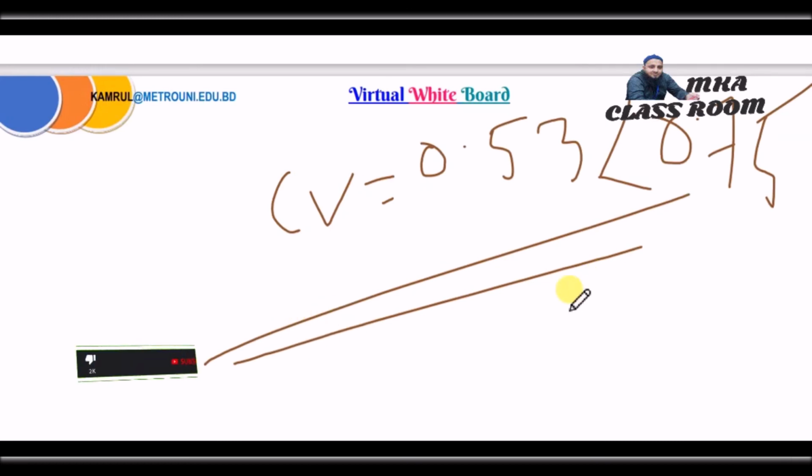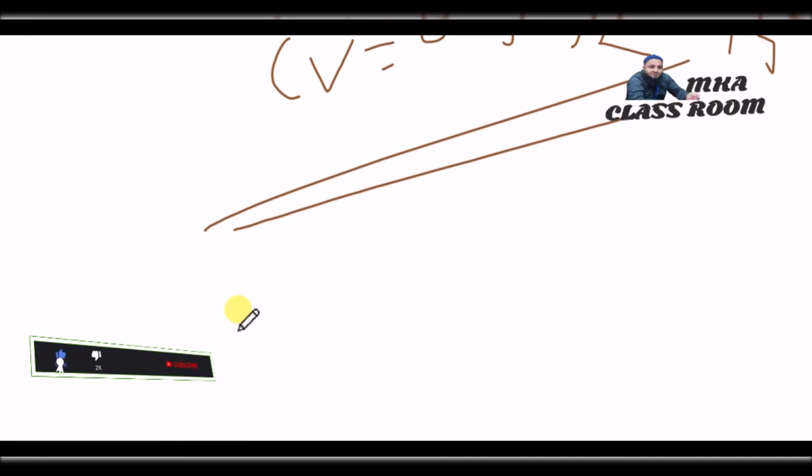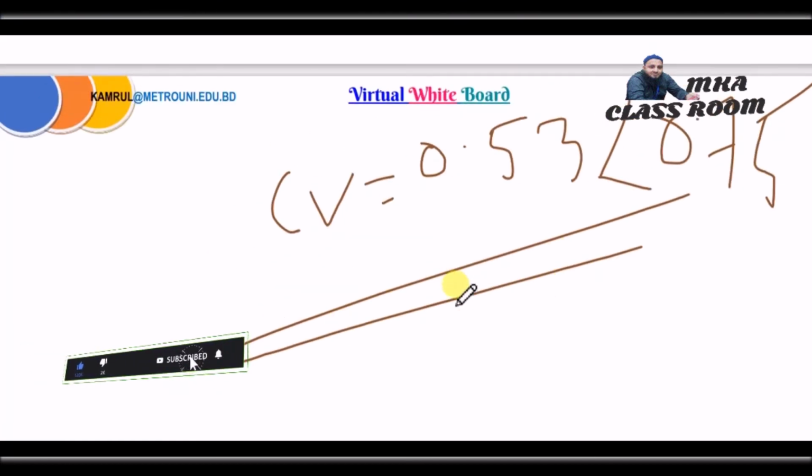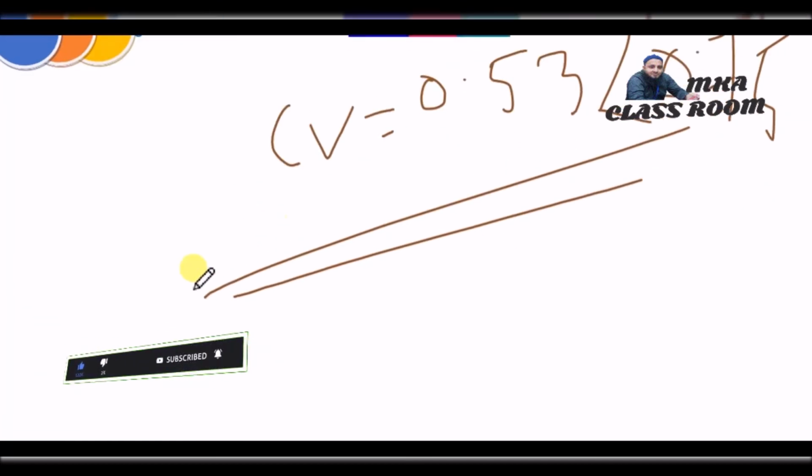You can write this comment in this way: from our calculations, we have seen that Danhaus Industries stock has a coefficient of variation of 0.53, which is less than 0.75.